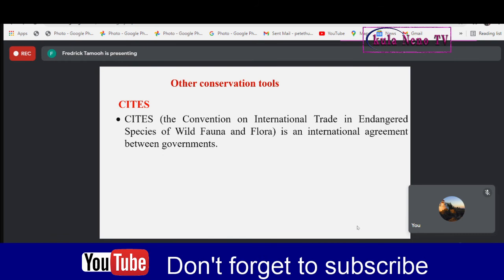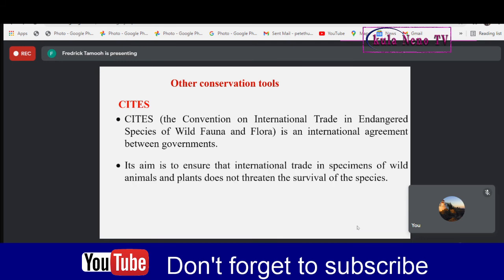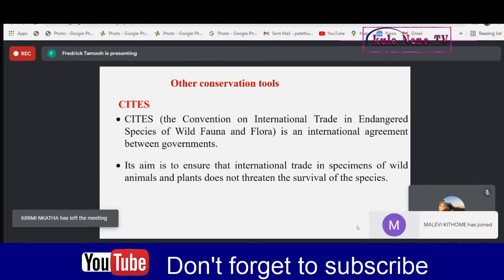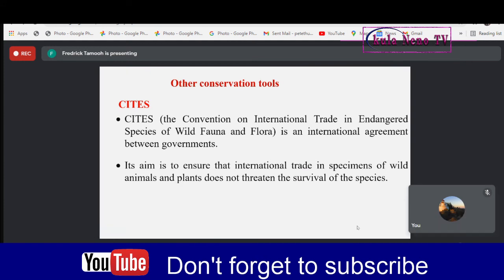CITES is an international agreement between governments that tries to ensure that the trade in species, be they animals or plants, does not threaten their survival. So when a party to CITES, we abide by the regulations that have been set.